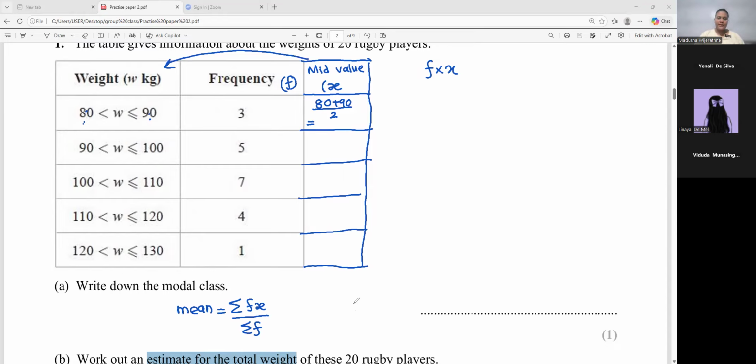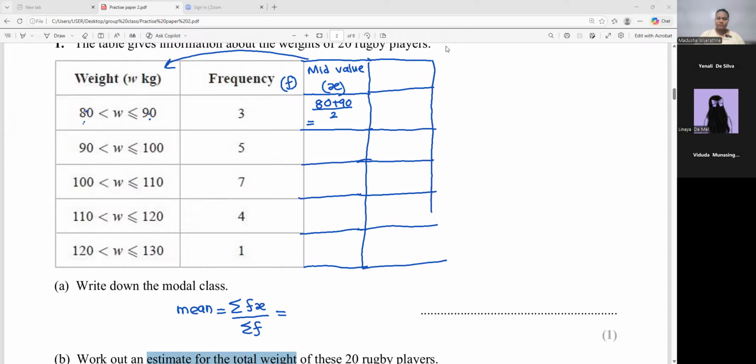Then we have f and x. The meaning of this formula is multiply f and x together. So we need one more column to show this multiplication. Fx.